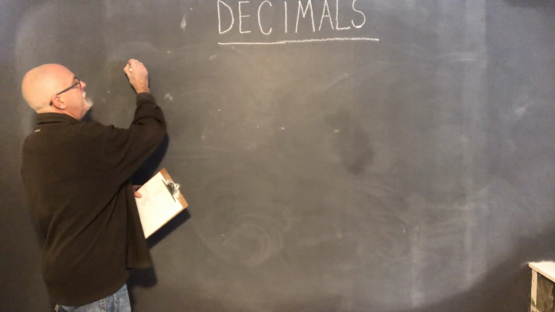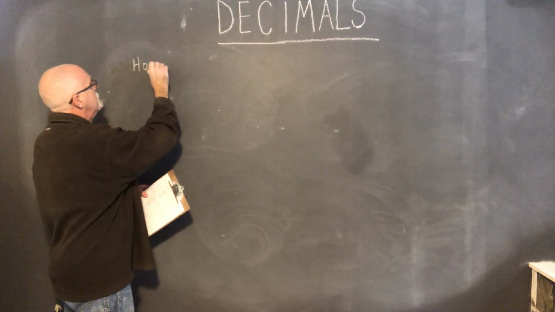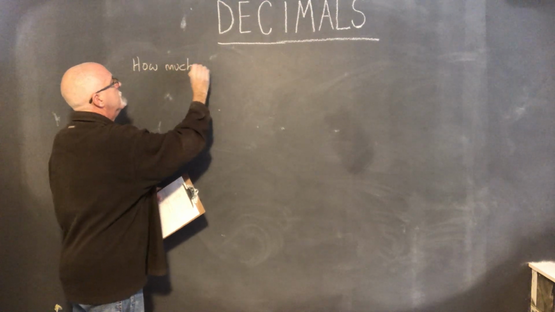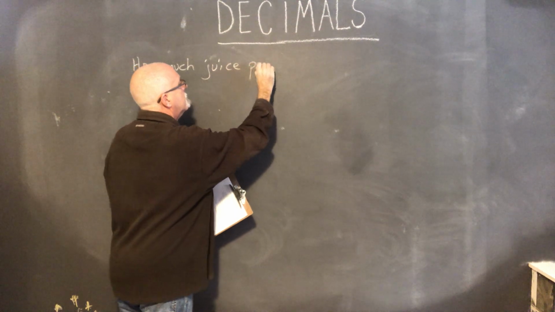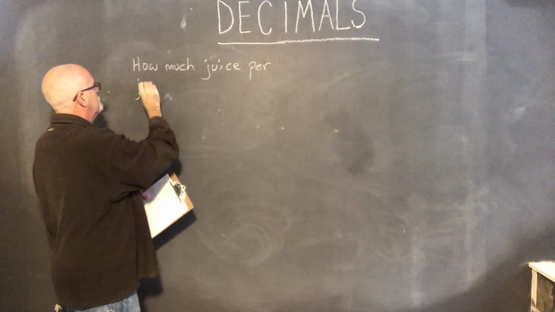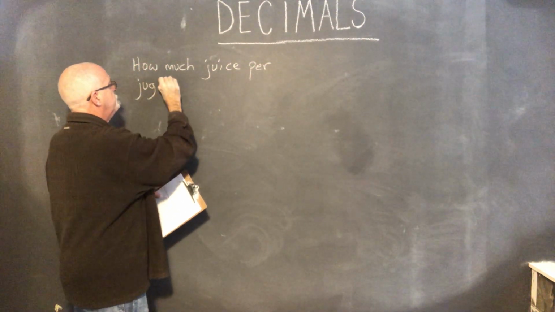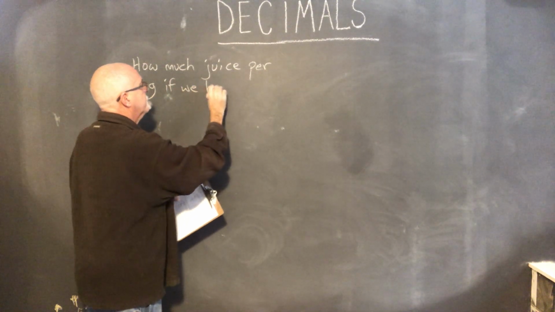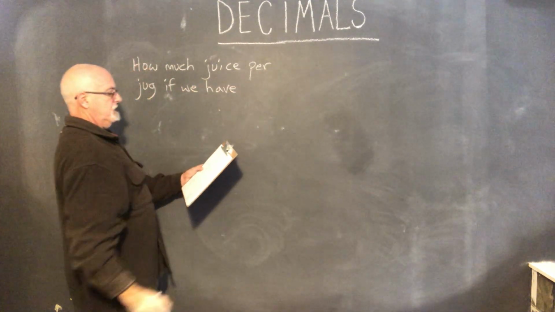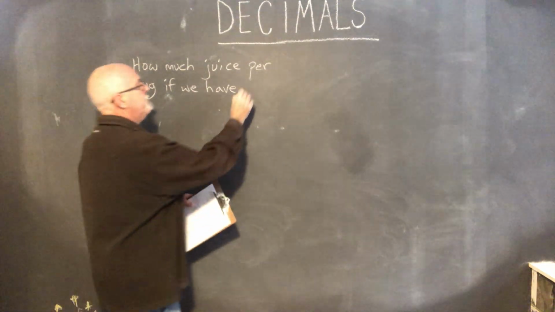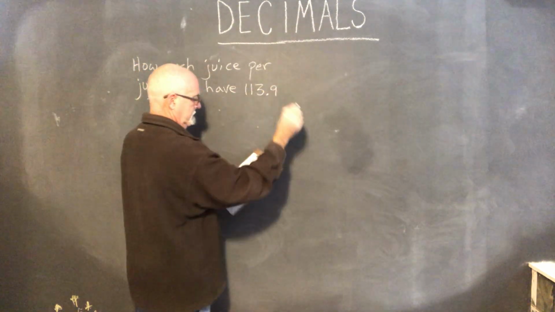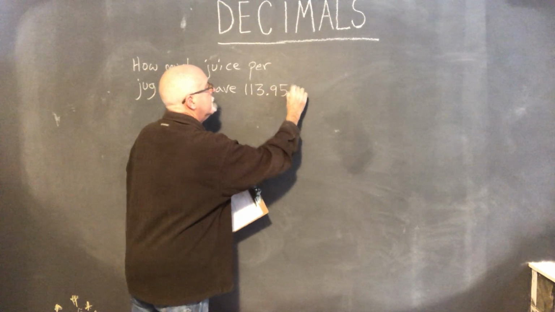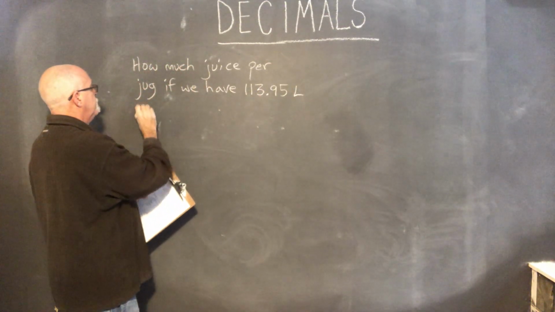Okay, I'm gonna write the problem now. How much juice per jug if we have, what was that number? 113.95. What's that? 95 liters of juice.